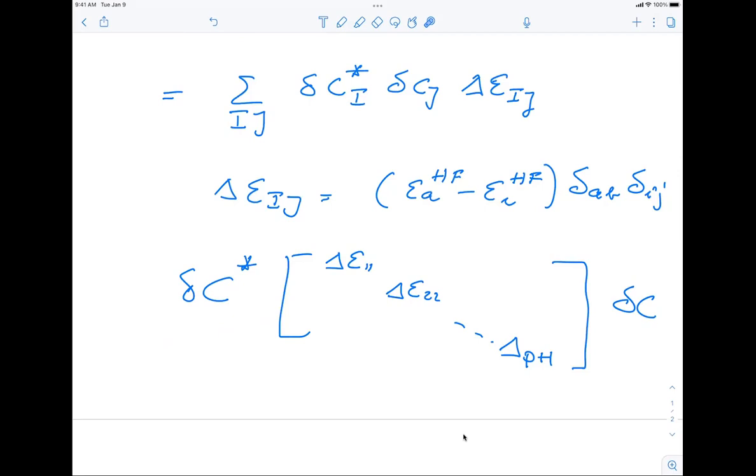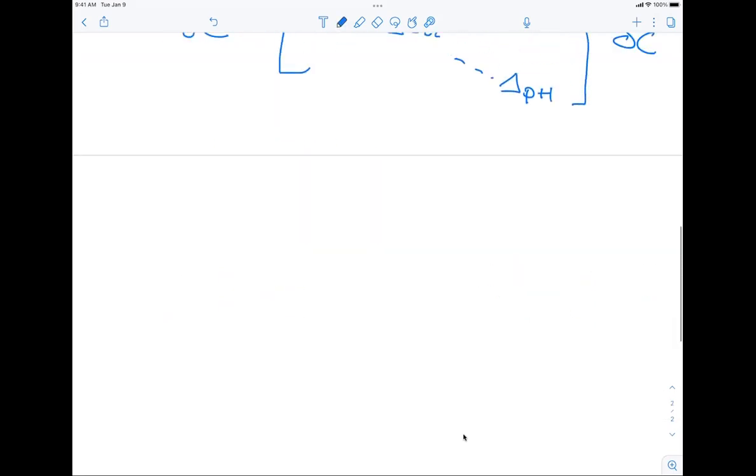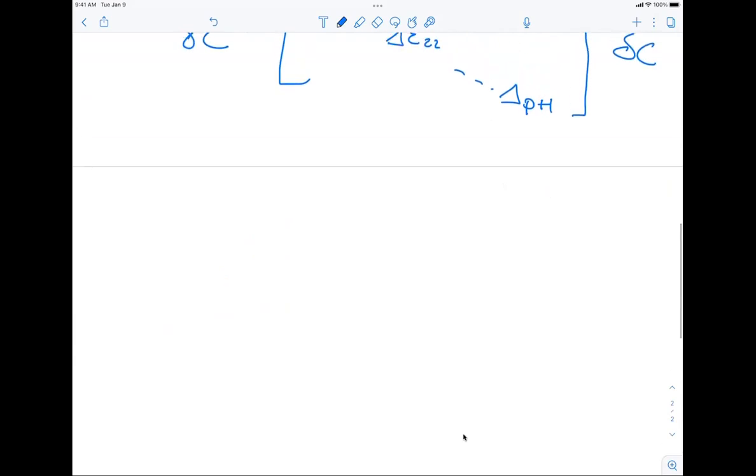If you look at the next term which we have, then we have a term here which goes like a sum over AI and a sum over BJ. And then I have a delta C_AI complex conjugate, and then I have a delta C of BJ. These are the coefficients.